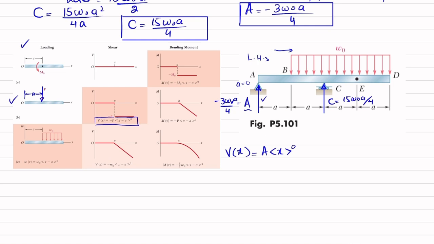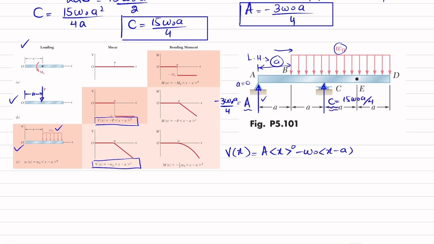Okay, the second load, you can see, is a uniformly distributed load and it is at a distance of A. For a uniformly distributed load, the shear force equation is this one, and this is downward, so it is minus W naught into X minus A, because it is at a distance of A from point A. And the third load is this C load.